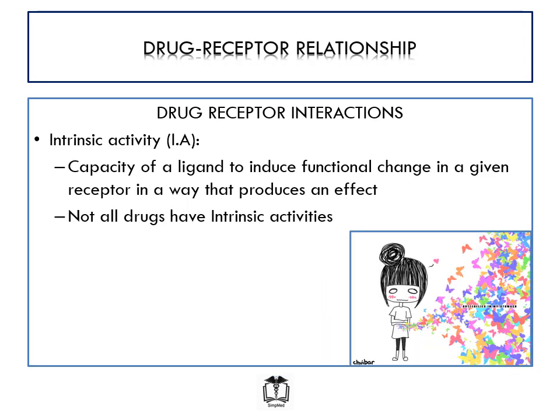Now, the third property of drug receptor interaction is intrinsic activity. Intrinsic activity is the capacity of a ligand to induce a functional change in a given receptor in a way that produces a particular effect. Note that when we were talking about drug receptor theories, I made mention of the fact that the theory we settle with currently in pharmacology is the induced fit theory.